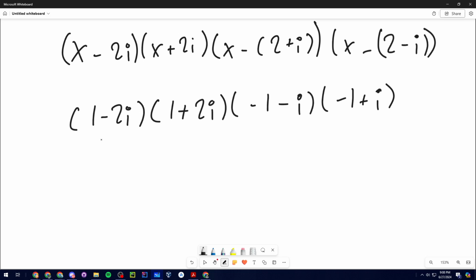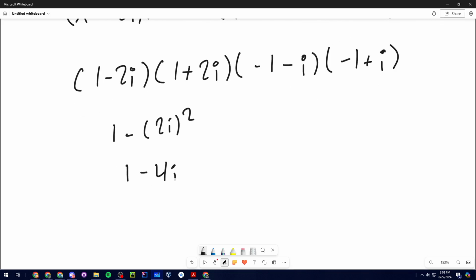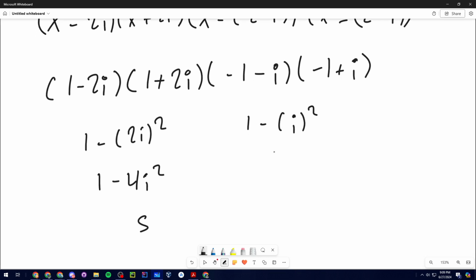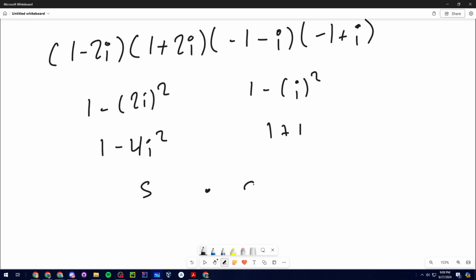So now, multiplying these two is just 1 minus 2i squared, which is 1 minus 4i squared, which is just 5. This is just 1 minus i squared, which is just 1 plus 1, 2. So you just have 5 times 2 is equal to 10. 10 minus 1 is just equal to 9. So a plus b plus c plus d is just equal to 9.